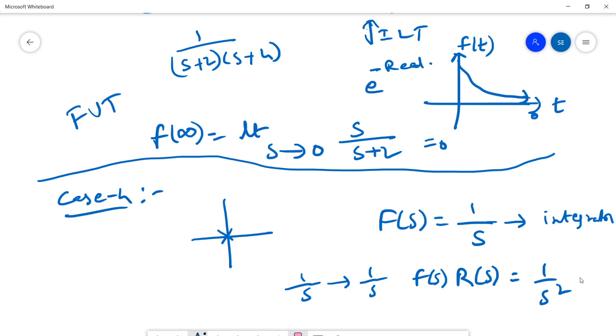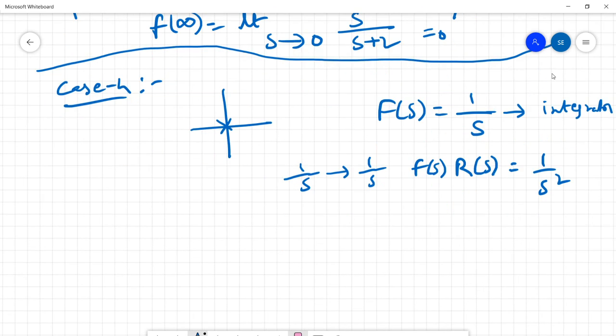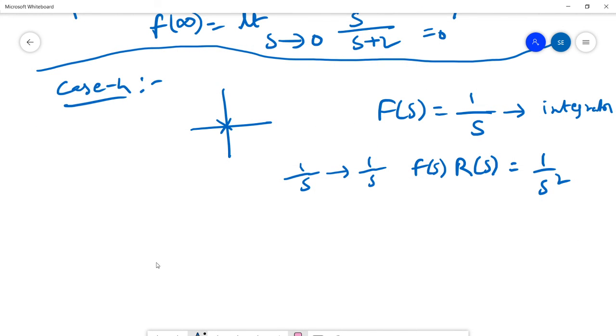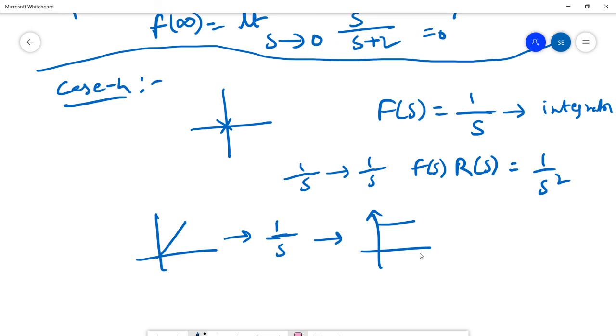What is 1 by s square actually? It is ramp, right? When you are applying an input of ramp to the system 1 by s, what you are getting as output is step, right?